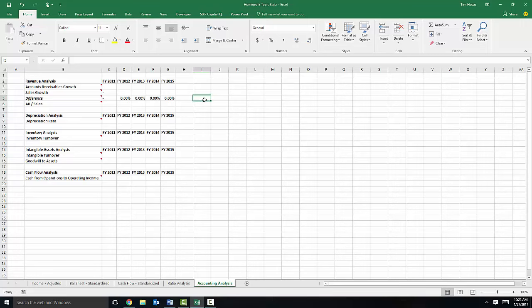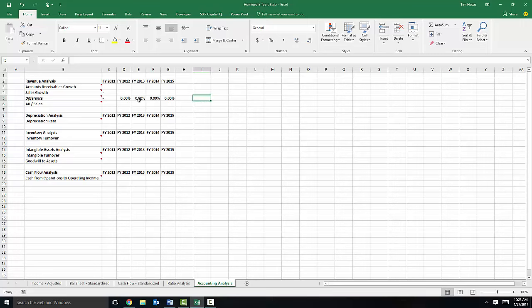Accounts receivables is obviously when you sell something on credit. So if, for example, your sales increase by 10%, but your accounts receivables increase by 30%, that's a big difference, because even though your sales have increased somewhat, your accounts receivables have increased even more. And usually speaking, they should be increasing at about the same rate.